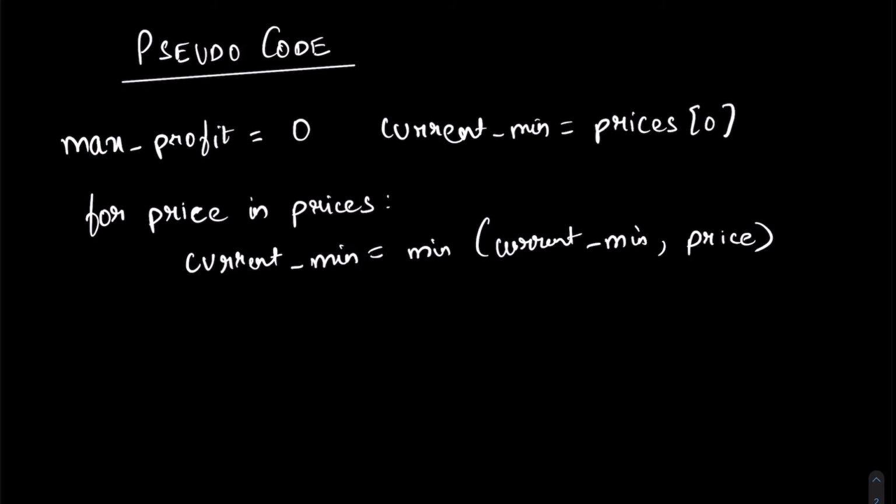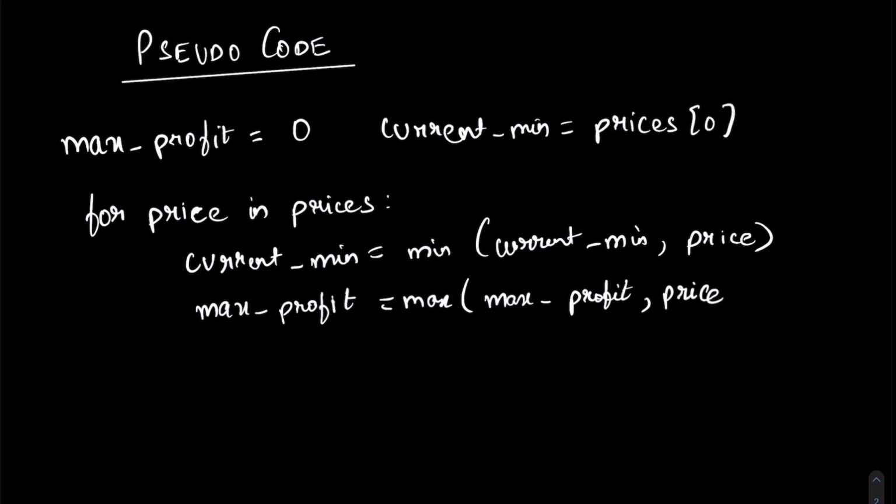We then need to update our max profit, which would be the max of the profit we've seen so far, and the difference between price and the minimum encountered so far. So as we finish this loop, we would have seen the maximum profit that can be made using a single trade. So we can just return max profit.